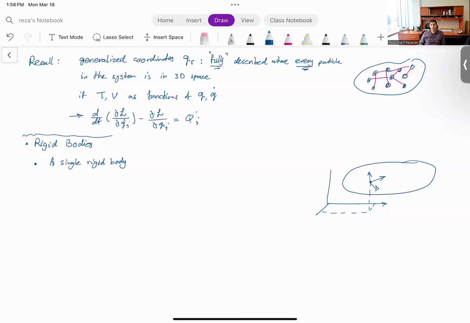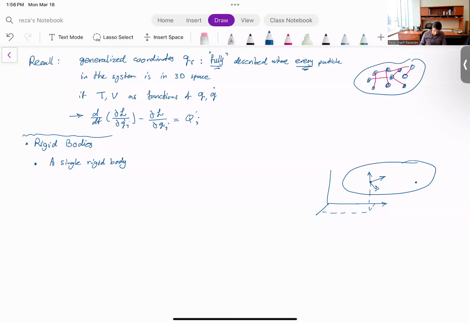And from this information, given the geometry of the body, which I assume is known, I should be able to know exactly where in space any individual particle is.